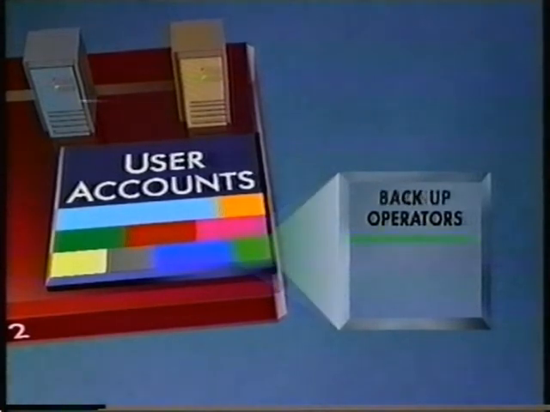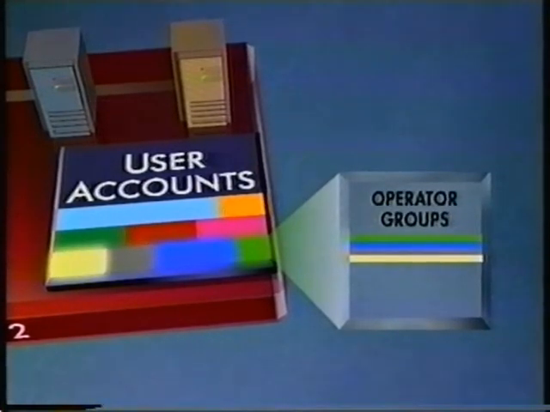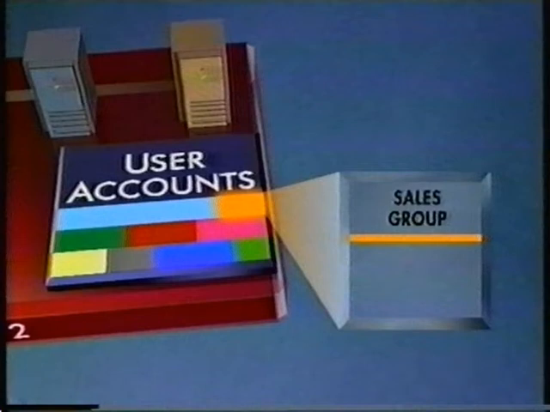And accounts in the backup operators group can back up and restore files. The built-in operator groups perform most normal network management tasks. However, this does not include permissions to use resources. The administrator needs to create non-built-in local groups specific to the resources that users need to access.